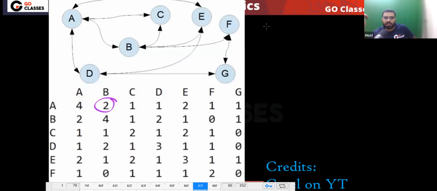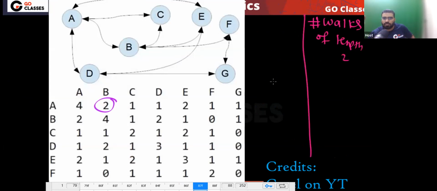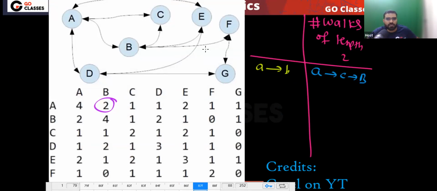Between A comma B, how many walks of length 2 are there? Focus on walks of length 2 from A to B. So from A to B, you can go from A to C and then to B, or you can go from A to E and then to B. So that's it, only 2.